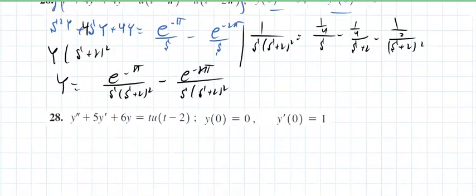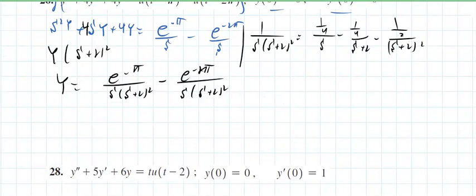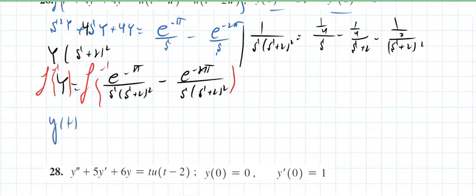So here, when I apply the inverse Laplace transform, I'll get y of t equal, well, we know what this is going to be. This is going to be simply 1. This is going to be e to the negative 2t, and this is going to be t e to the negative 2t.